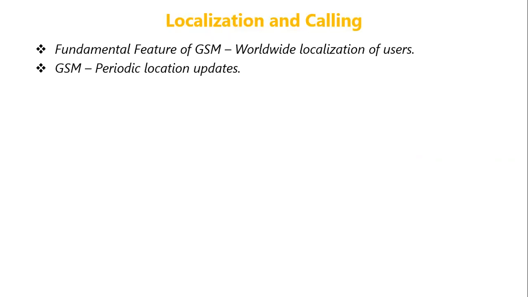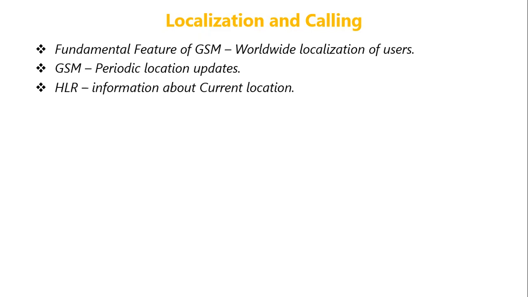The system ensures that it always knows where a user currently is and whether the user has a valid phone number or not. To provide this, GSM performs periodic location updates even if the user does not use the mobile station.